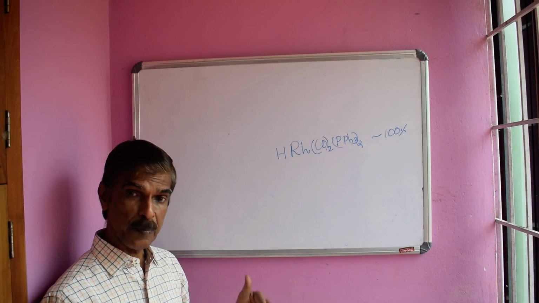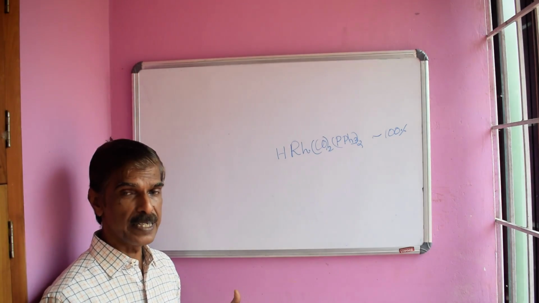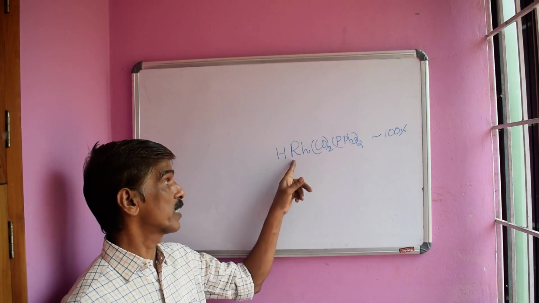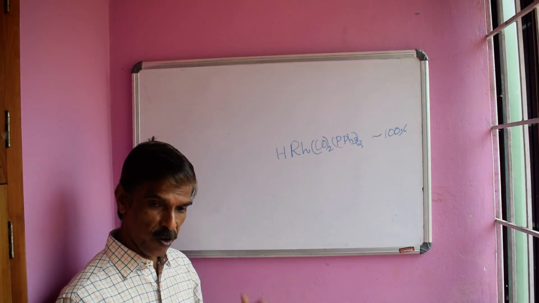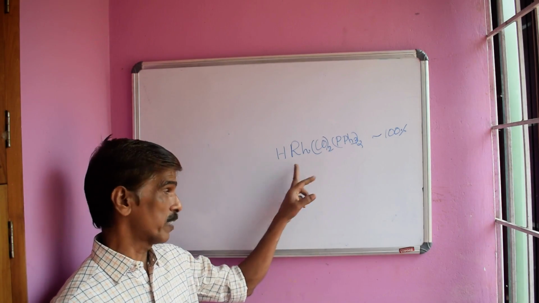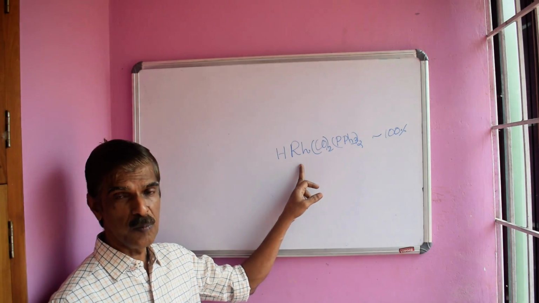That also at a comparatively lower pressure and temperature. Conditions mild. Instead of using the cobalt based catalyst, the rhodium based catalyst makes this reaction faster at a lower temperature and pressure. But there is one main drawback of this one also, that is this is very costly compared to cobalt.